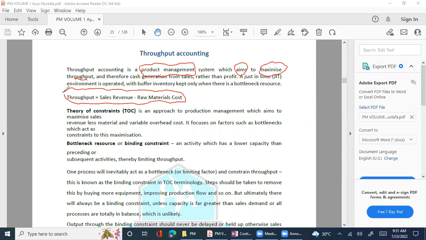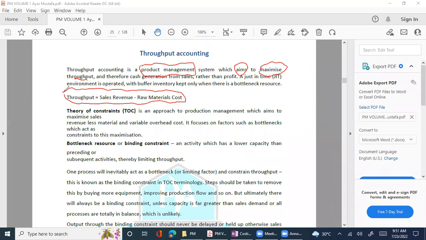There are some assumptions of this theory: there will be only variable cost, and that variable cost will be the raw materials. All other costs are assumed to be fixed, including direct expenses and direct labor.